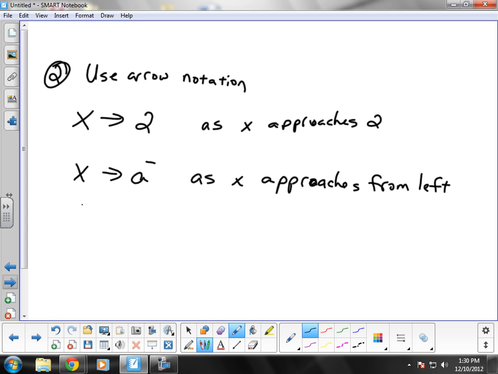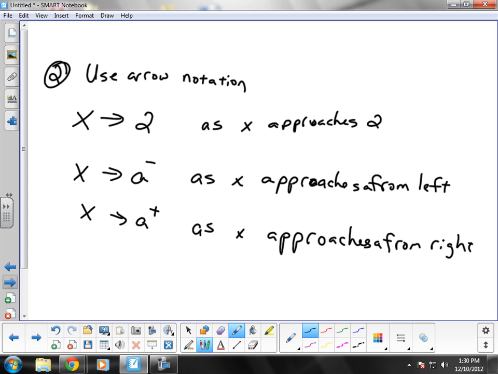And if I want to talk about it as it approaches just from the right-hand side, I put a little plus sign. Any questions?